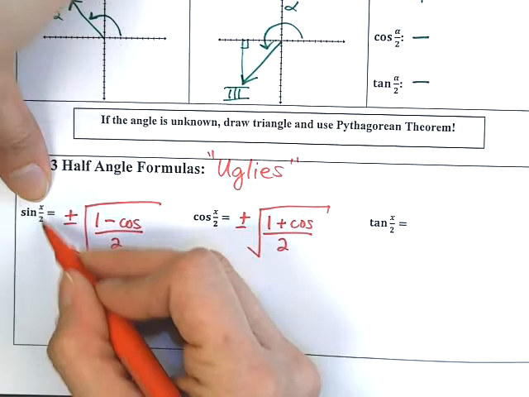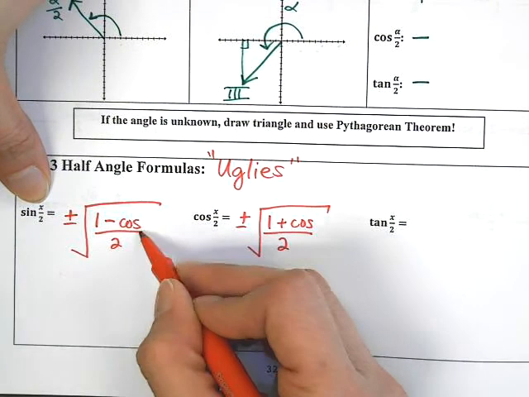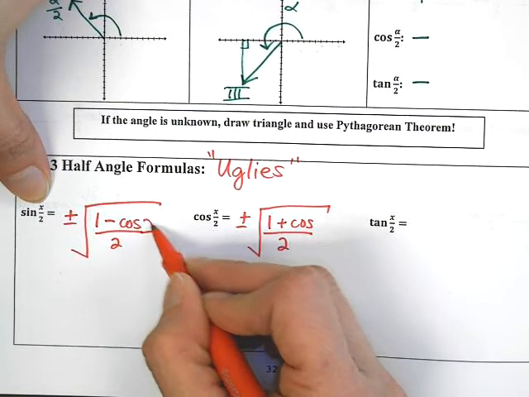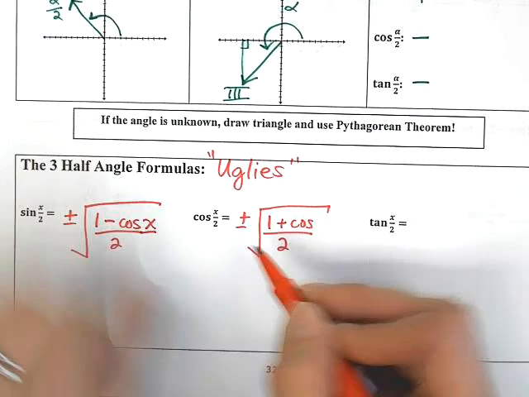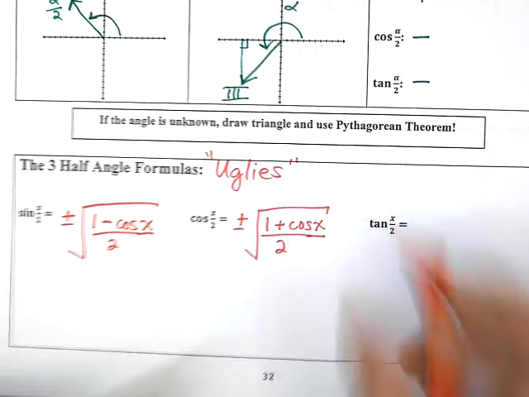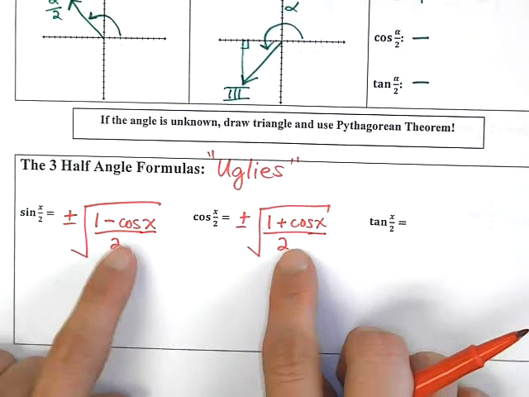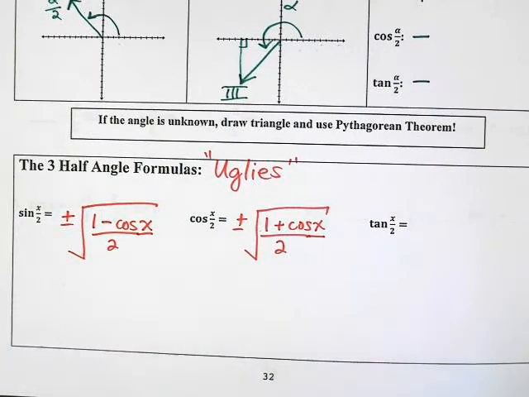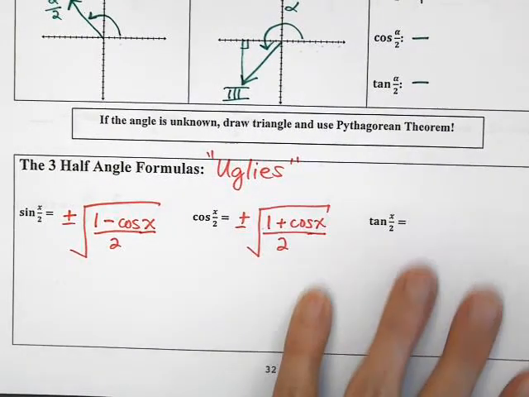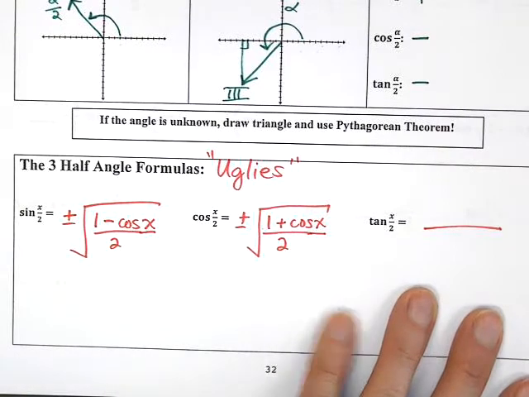Now if this says x divided by 2, that's the half, right here you're going to say cosine of full angle x. Half angle x, this is going to be a full angle x. Make sure your radical is really tall and covers up that 2. There are a couple of tangent formulas, but the one that I highly recommend is just a fraction without a radical sign.